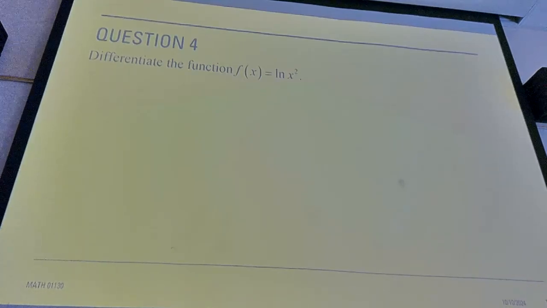So how do you do this one? So we have a log function, right? What is the derivative of it? What's the derivative of a log? 1 over x, times 2x.